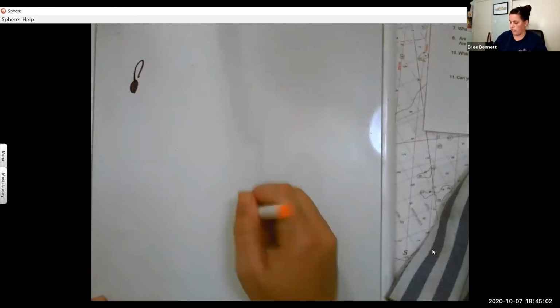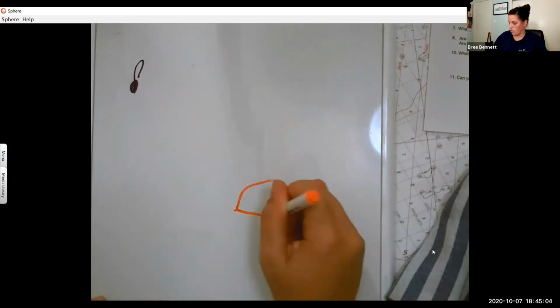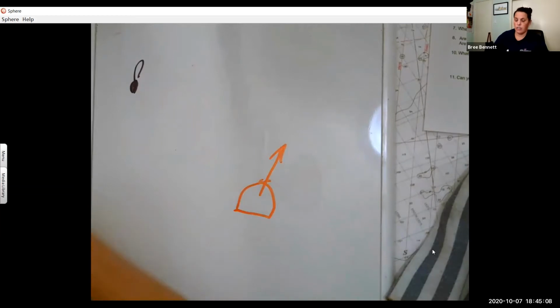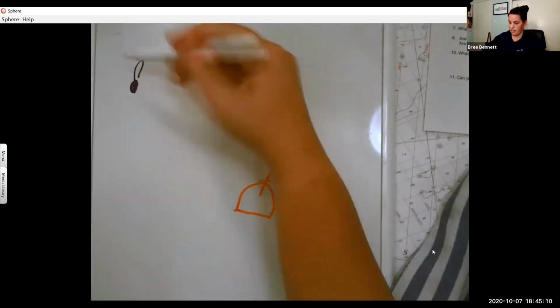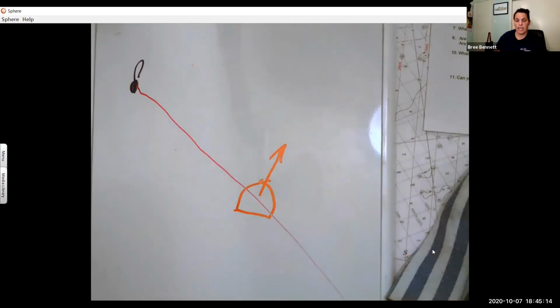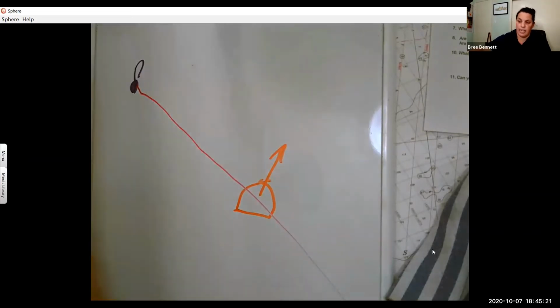If we are on a boat cruising along and we see this light somewhere along this line, just seeing that light tells us we could be anywhere along that line.